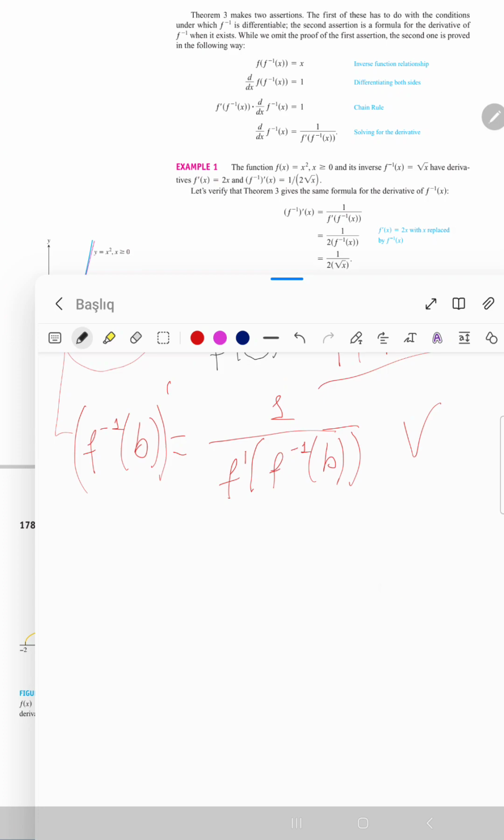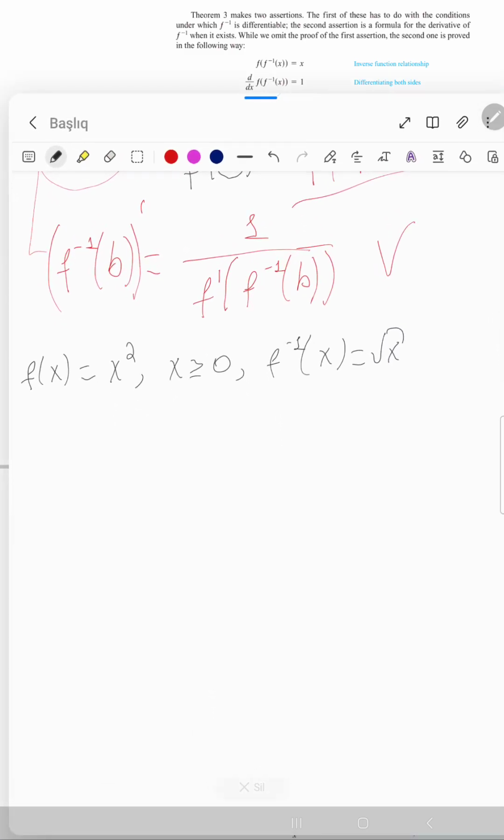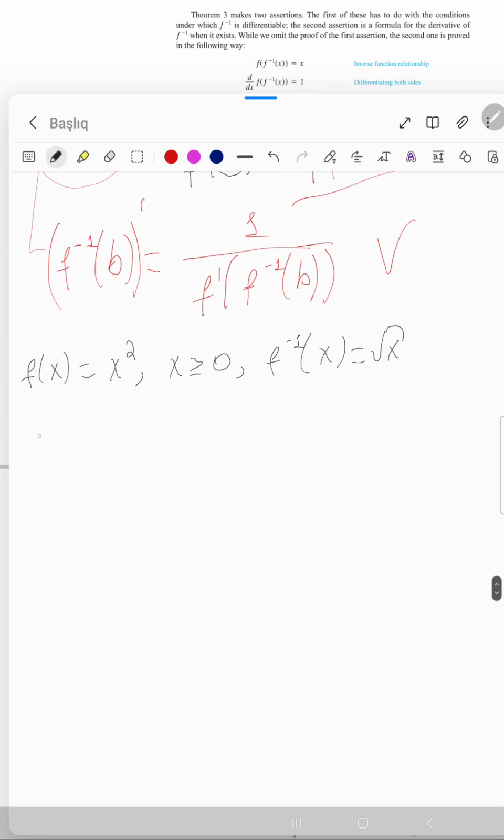Okay, so we have f(x) equals x squared, with x greater than or equal to 0, and the inverse function is the square root of x. Let's say we have to find the derivative of the inverse function.